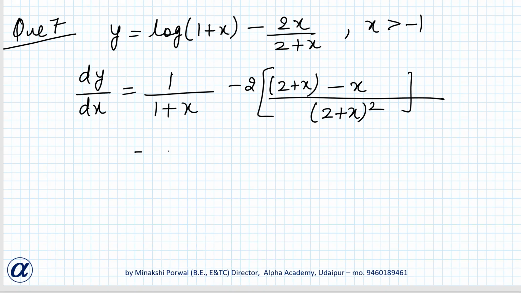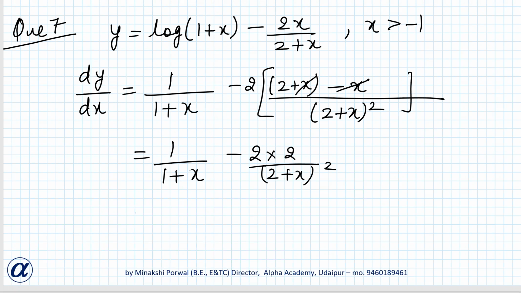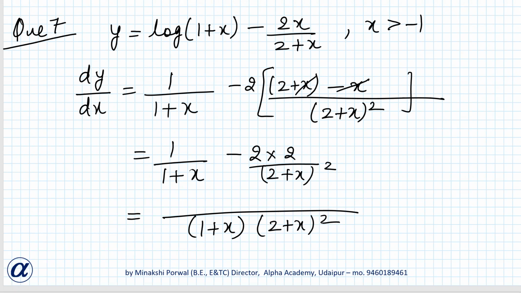So this is 1 by 1 plus x minus 2, and this will cancel. It is minus 2 into 2 upon 2 plus x the whole square. When we take the LCM, it is 1 plus x into 2 plus x the whole square. It will be 2 plus x the whole square minus 4 into x plus 1.